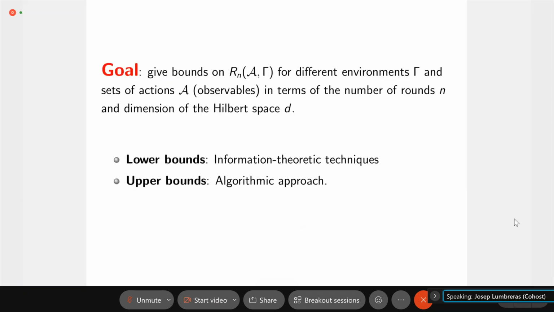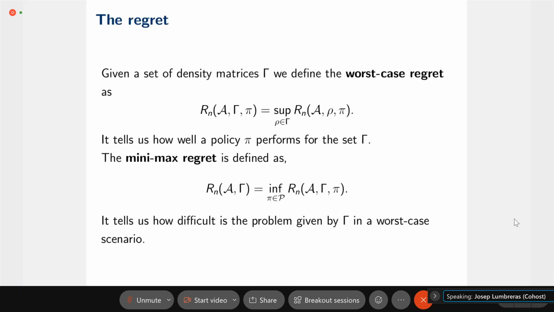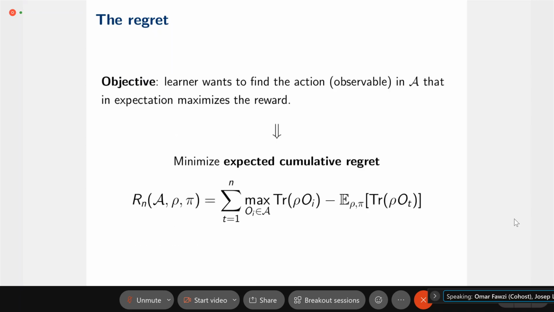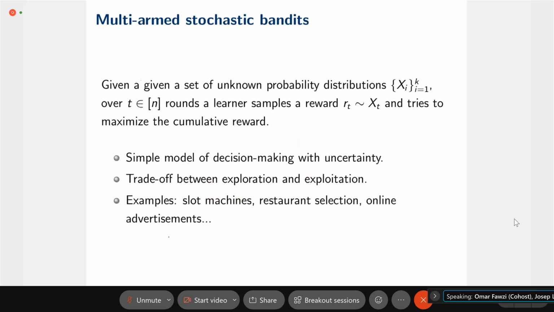So, a quick question here, maybe. Yeah. Just to get used to the notation, how can we see the classical case you mentioned at the beginning as a special case of this? Can you say what rho is? Yes, sure. So in the classical case, what you have is probability distributions.